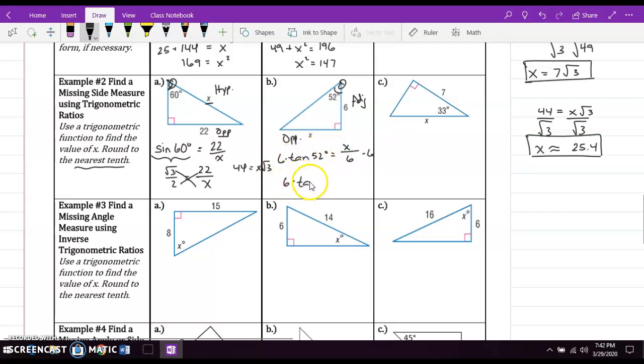There's no fast way to figure out the tangent of 52 other than to type it in your calculator. So in your calculator, you would type 6 times tangent of 52 degrees. If you have a reverse entry, you might have to type in 52 first and then hit tangent and then hit times 6. Practice with it. Your result should be approximately, because we're still rounding to the tenth, 7.7.